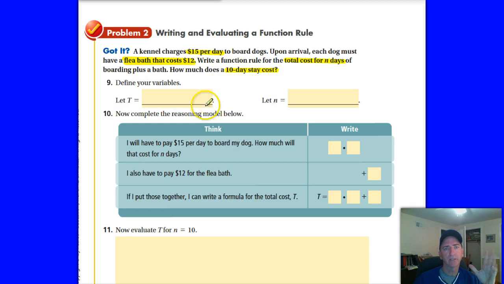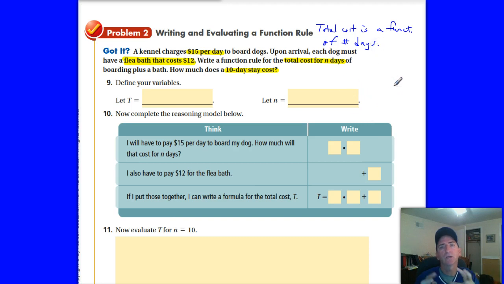So you have a couple questions that you're working through here. One is the function rule, and number two is how much it would cost you for 10 days. So let's think about this function rule first. The total cost is a function of the number of days it stays.